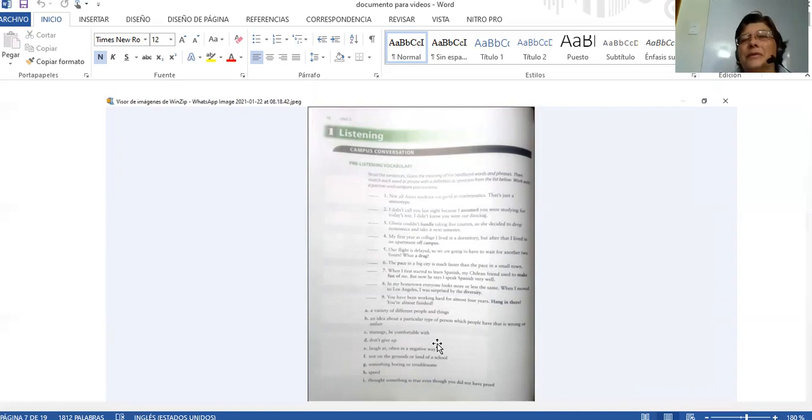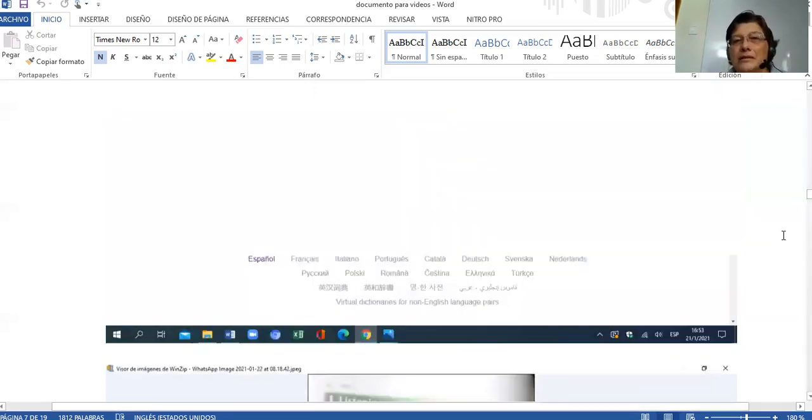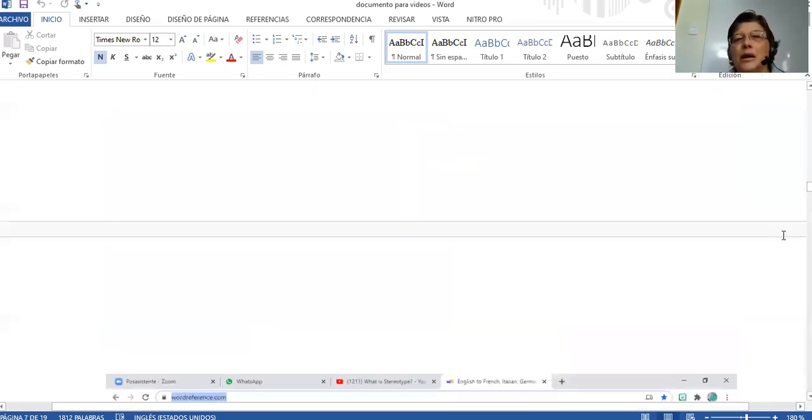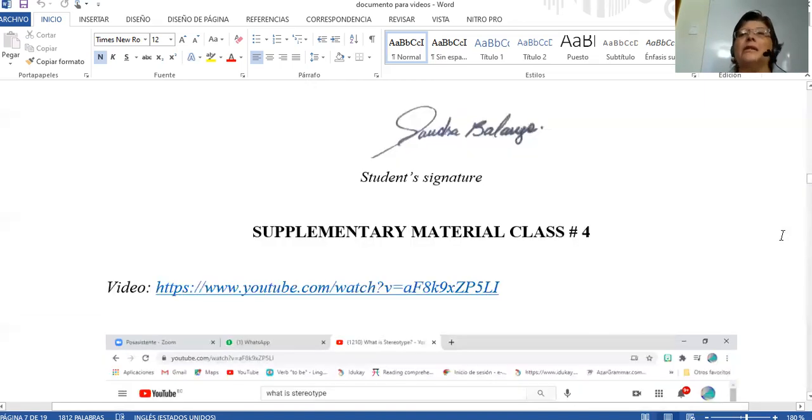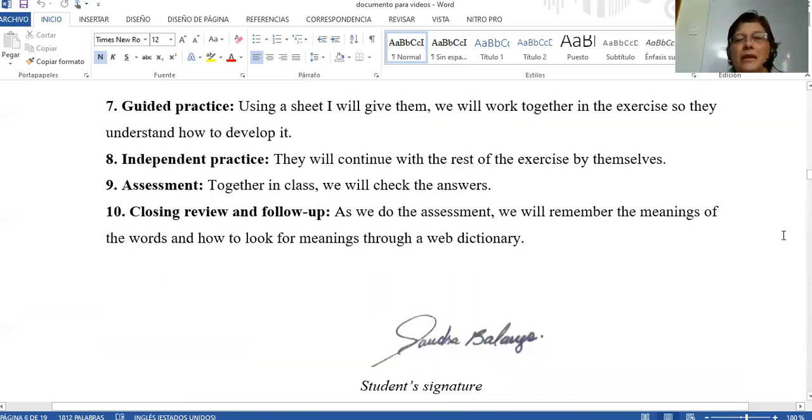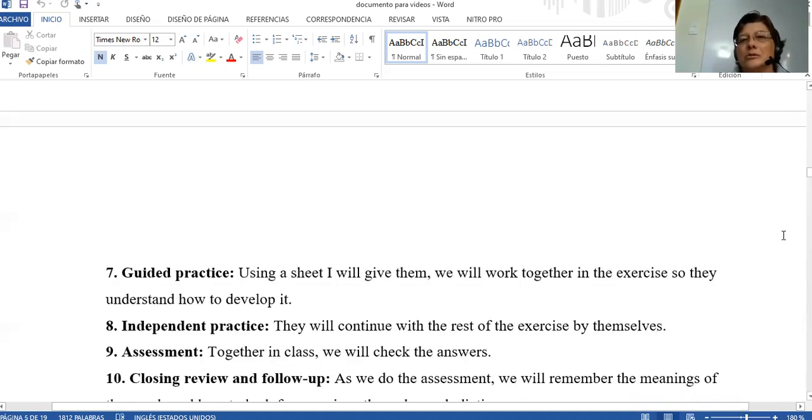So that will help them understand in a different way how we can access meanings, that it's not only a matter of looking at the word in the dictionary, but finding it through context, because when they are taking the real exam, they are not going to be able to have a physical dictionary, and not even their cell phones or the computer itself to look for meanings.